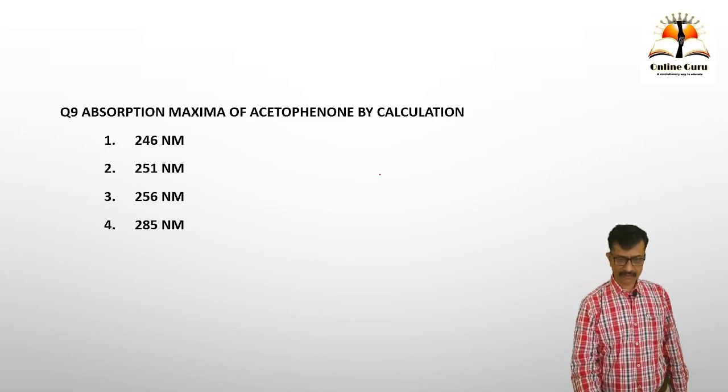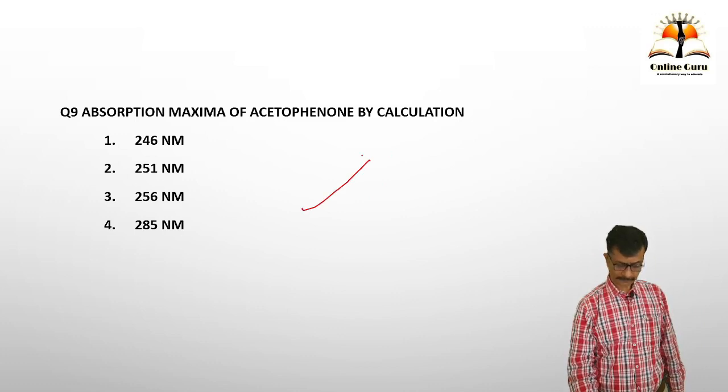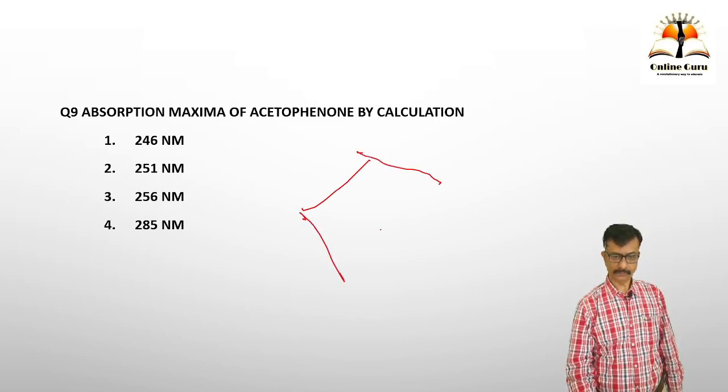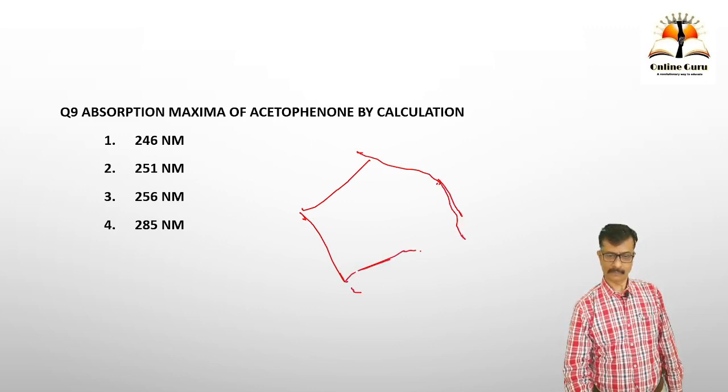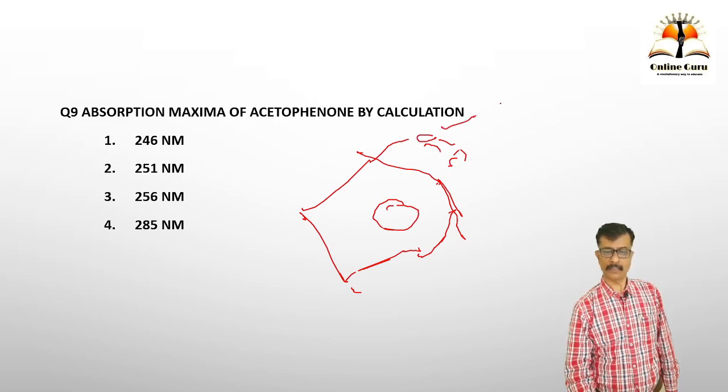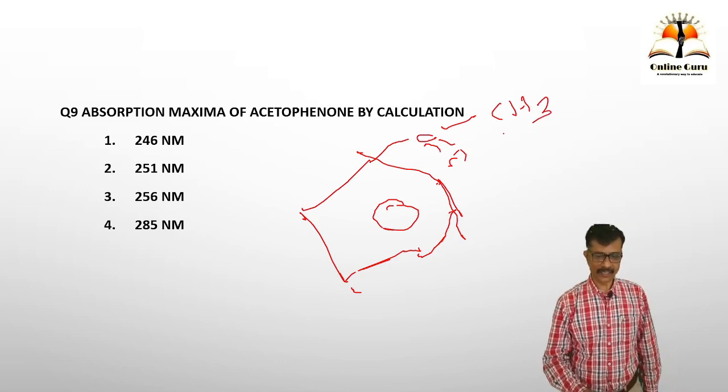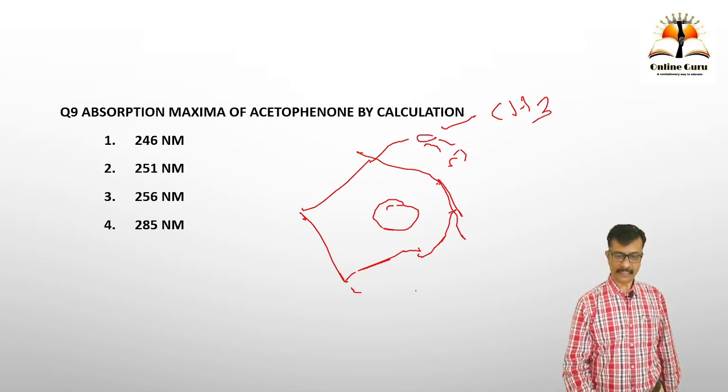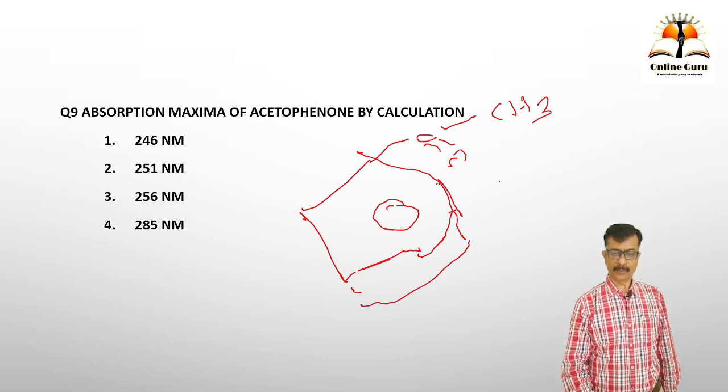Let's draw the structure of acetophenone here. This is an aromatic compound, where you can see C double bond O and here CH3. So this is a benzene, a carbonyl group and CH3.